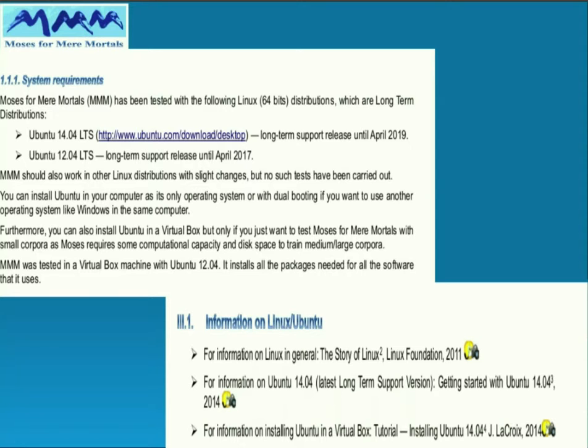We have tested Moses for Mere Mortals with Ubuntu 14.04, which is a long-term support release until April 2019. We have also tested it with this other one, which is already no longer supported. If you use any other version, you'll have to see if everything works. I suggest that you don't complicate things and use this version.